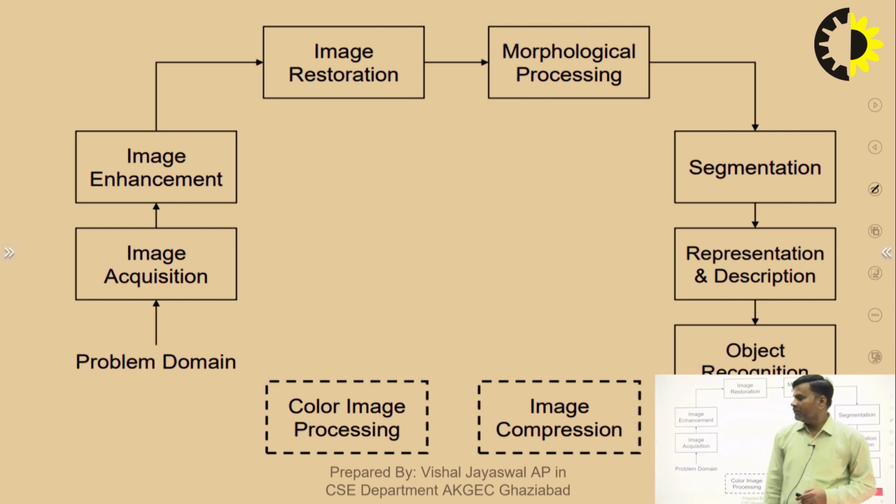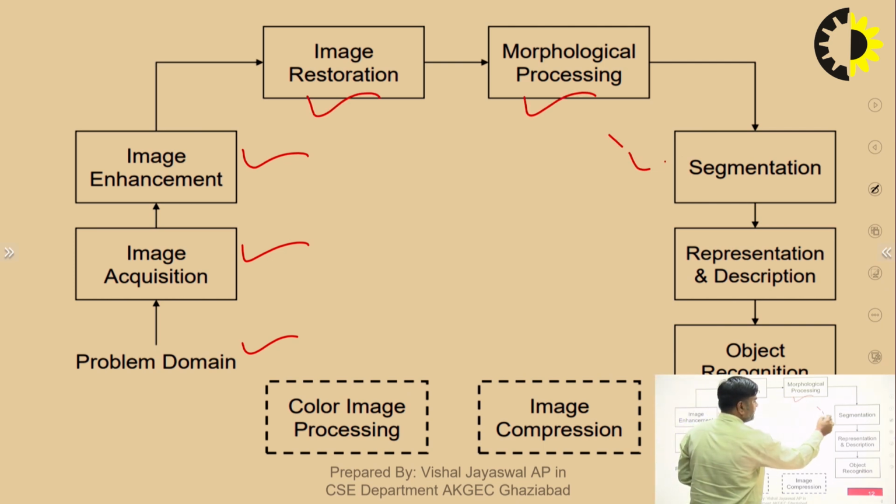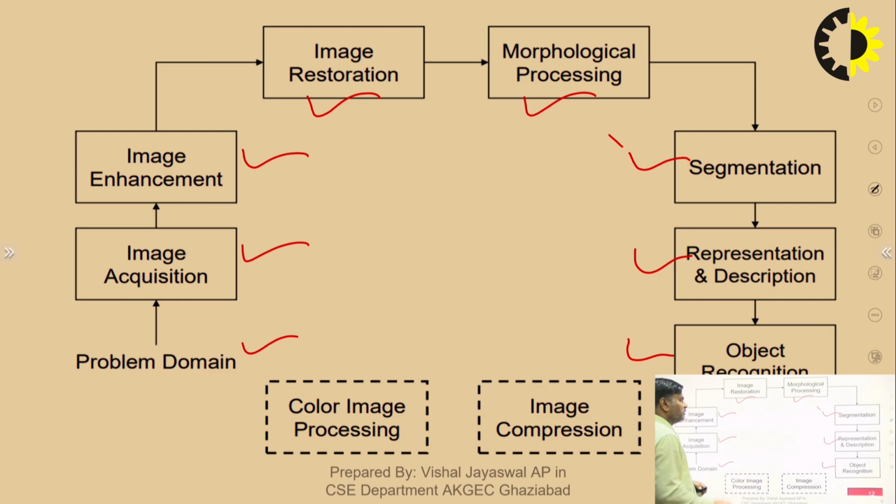First we have a problem domain, means we have an input image, then we acquire the image through the acquisition process, then we apply the enhancement techniques. After that we restore the image, then apply morphological processing, then segmentation, then representation and description, then object recognition. These are the main processes of digital image processing.